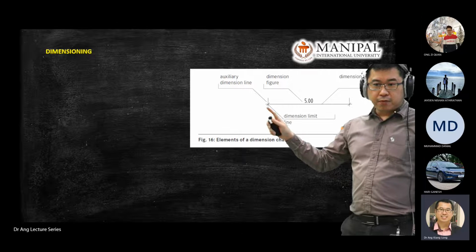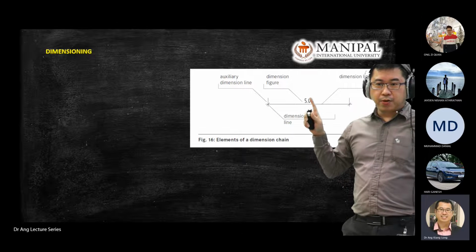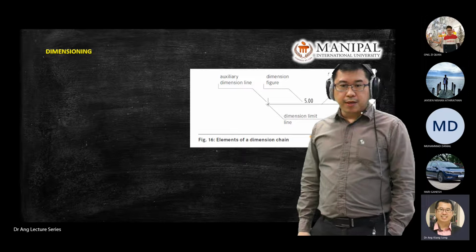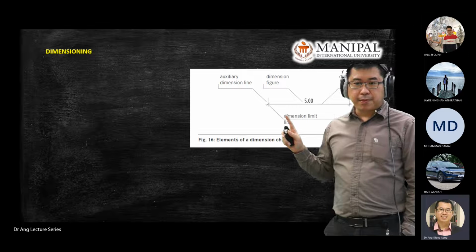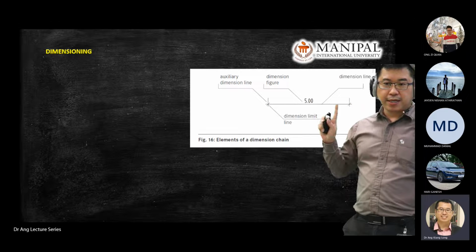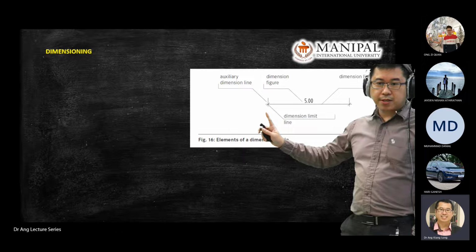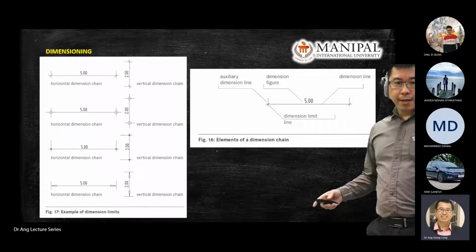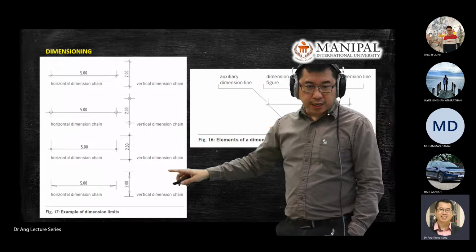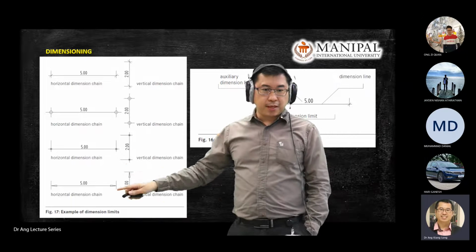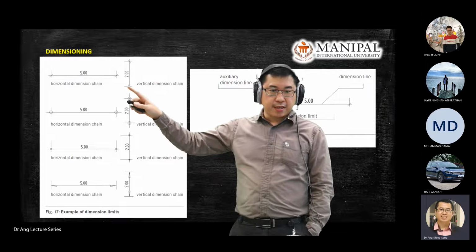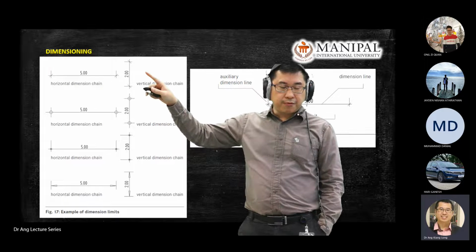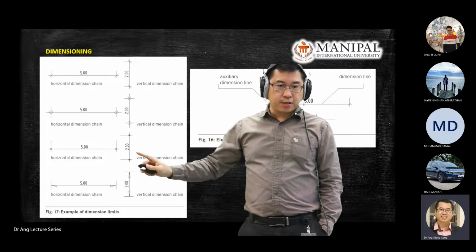For example, there will be some components for the magnitude of that particular dimension, and there will be some limit, some dimension line, extension line, and so on. So there are some settings on this. You see on this table, there are different limits, although they have the same meaning, but different types of presentation you can find in the drawing.